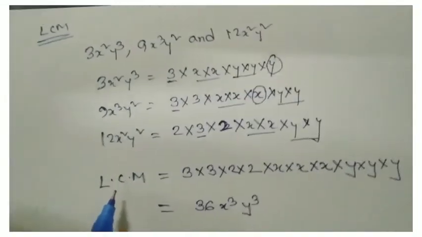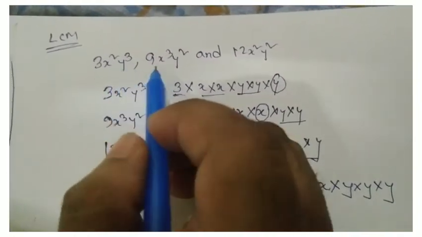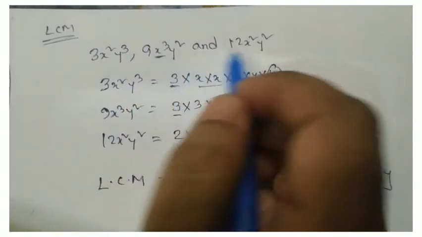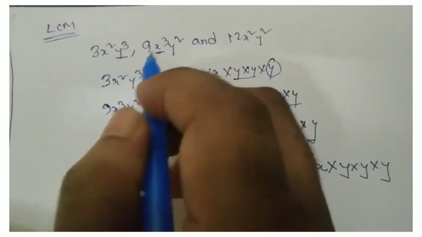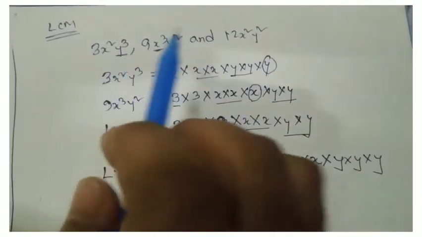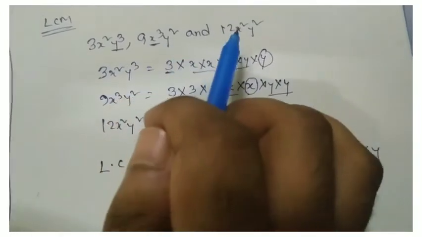So if you notice here, for LCM the highest power of x is x cube, and for y the highest power is y cube. So usually for LCM, if we have expressions, we need to take the variables with the highest power.